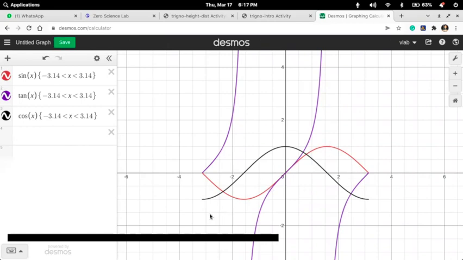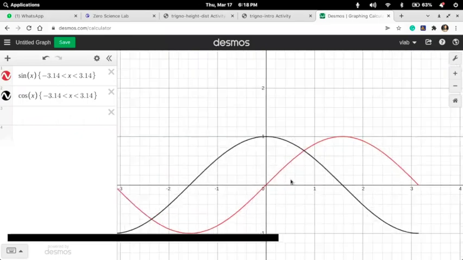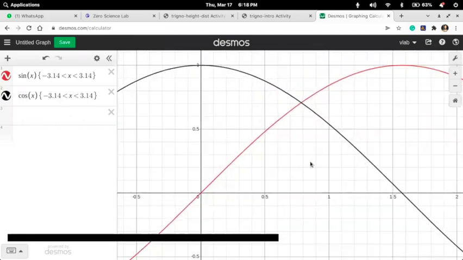So you can see the difference between sine and cos, right? Yes, sir. How much is the difference when they will be equal, right? At this point, these are equal. At which particular value of x are they equal?